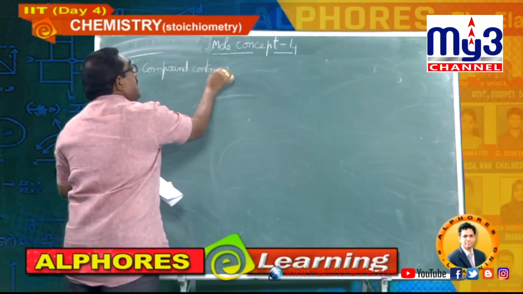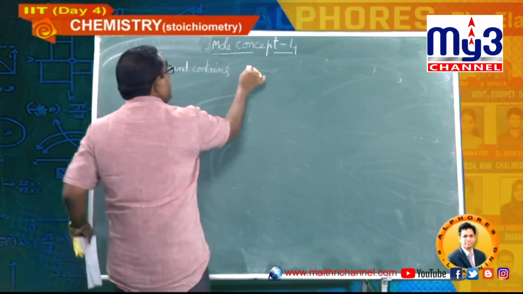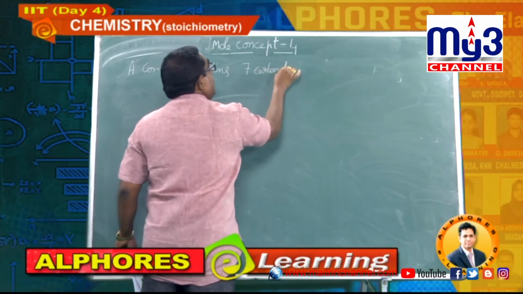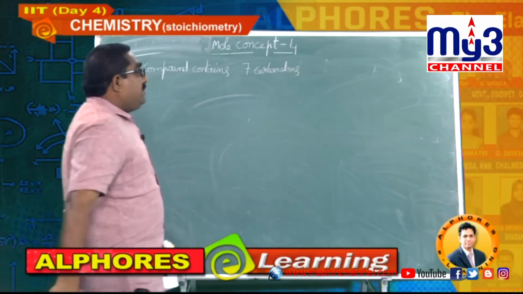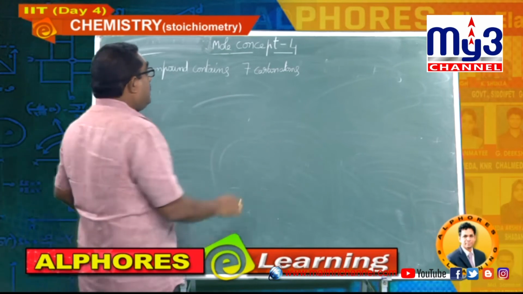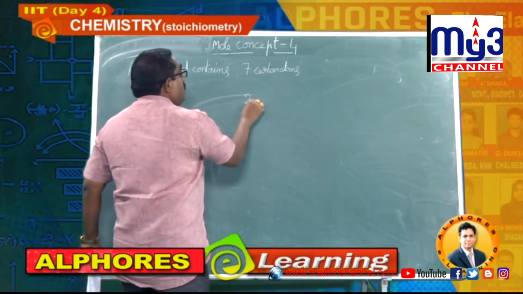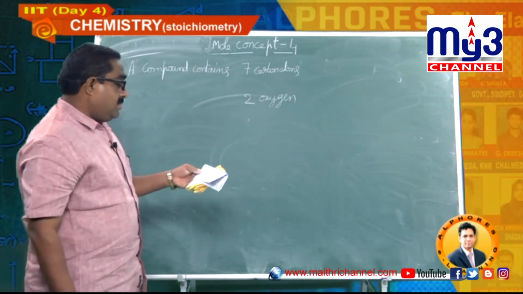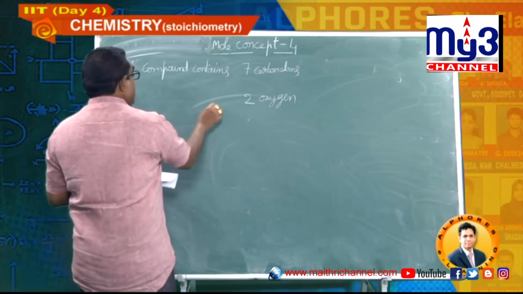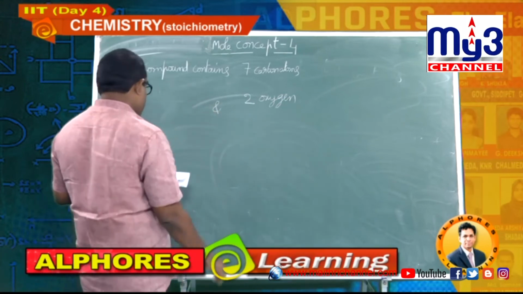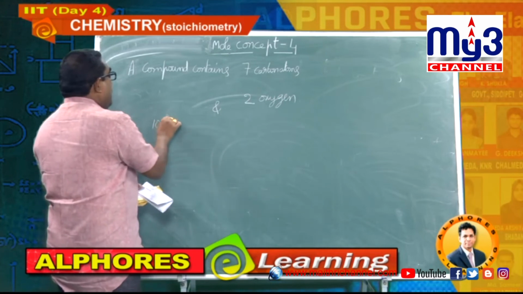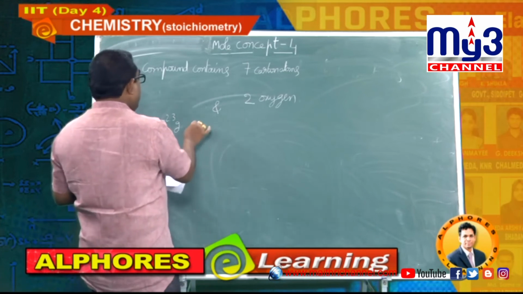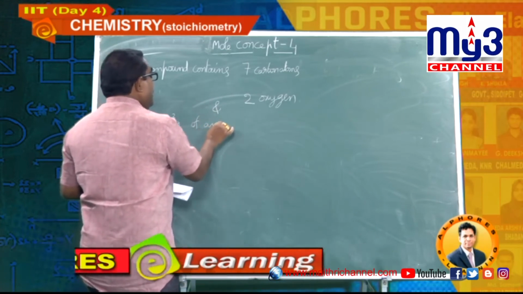A compound contains 7 carbon atoms, I am writing like this, 2 oxygen atoms and 10 power minus 23 grams of another element.